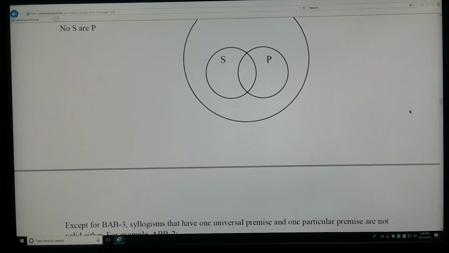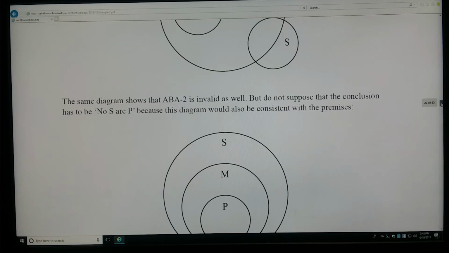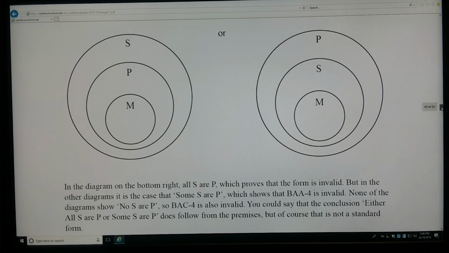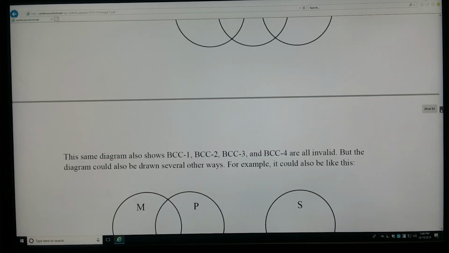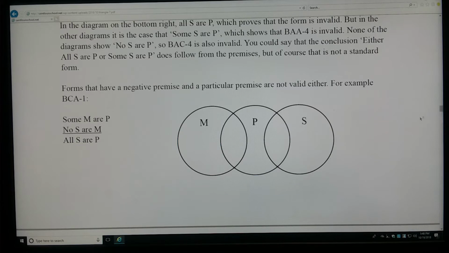All right, so moving down. Now, what's interesting is that sometimes you'll get the same diagrams even when the premises are different. So there tends to be quite a bit of similarity in some of the diagrams that you can come up with.